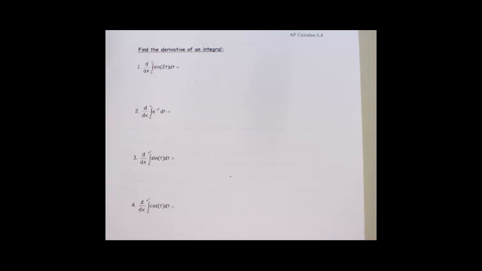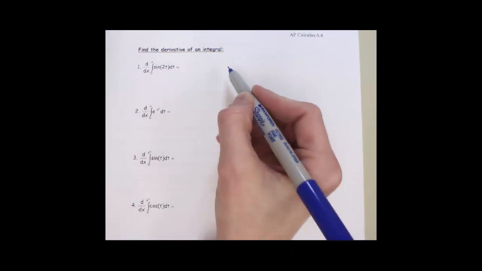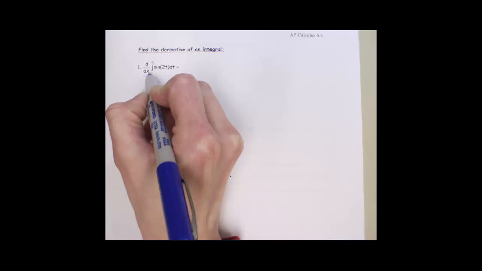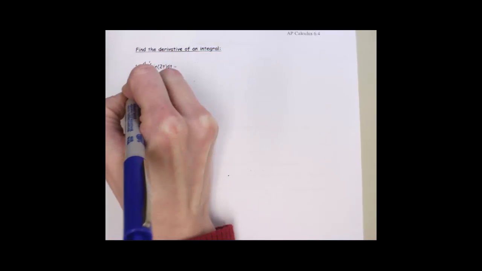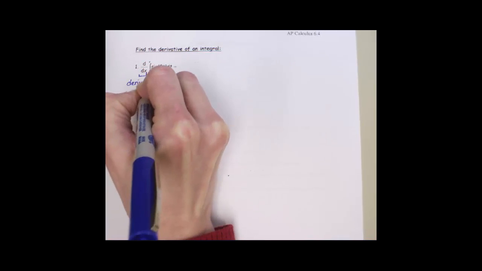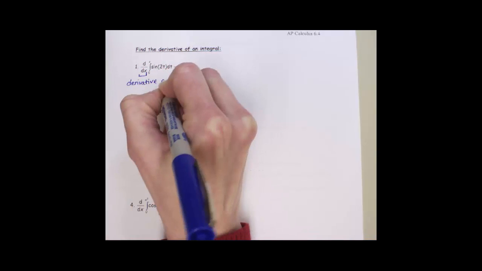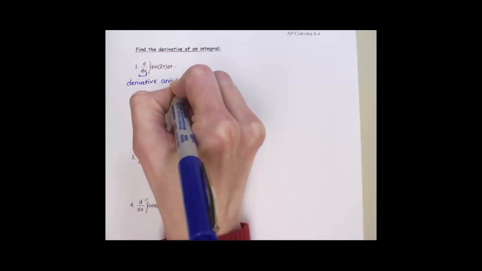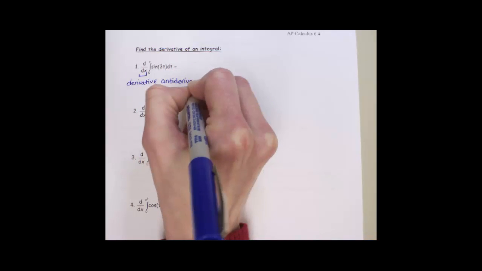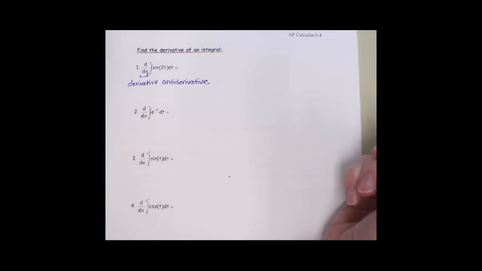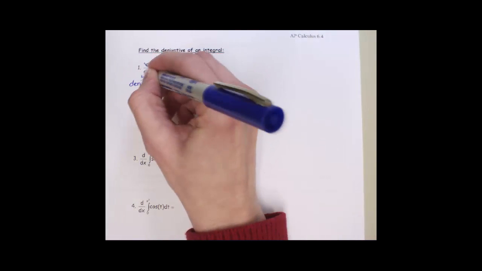Okay, so what happens if we take the derivative of an integral? Remember, d dx means derivative, and integral basically means antiderivative. So if you take the derivative of the antiderivative, they should basically cancel each other out. They're opposite functions. So the derivative and the integral cancel each other out, and the dt is part of the integral.